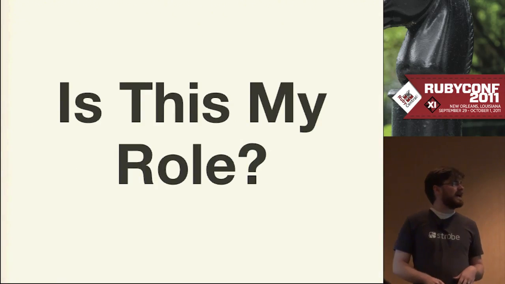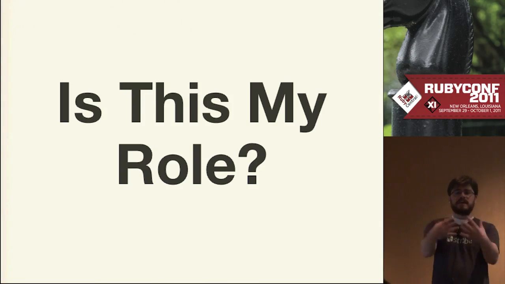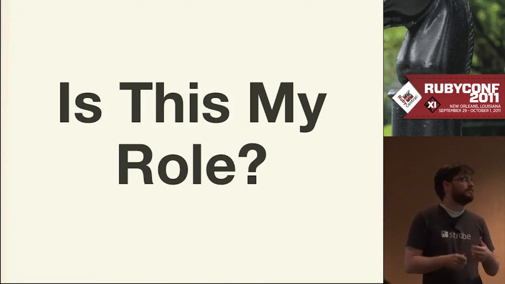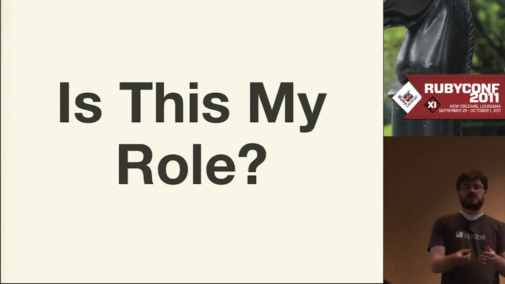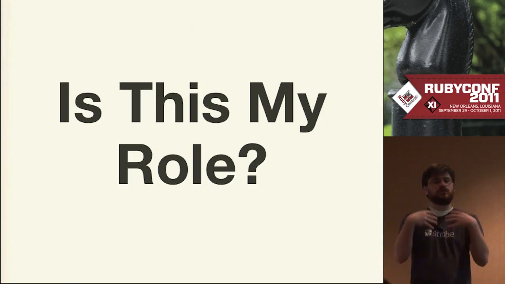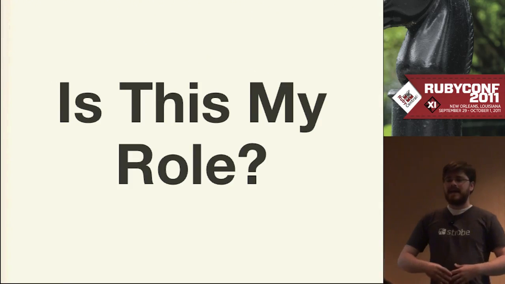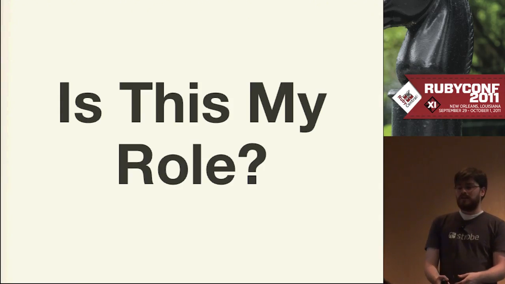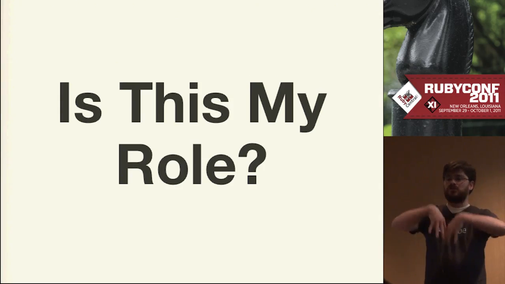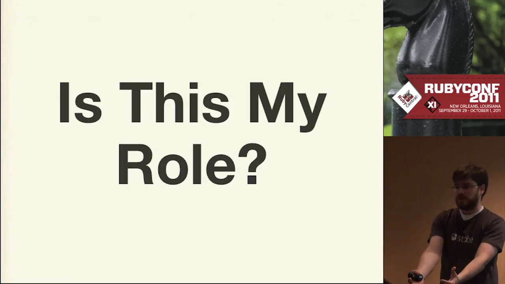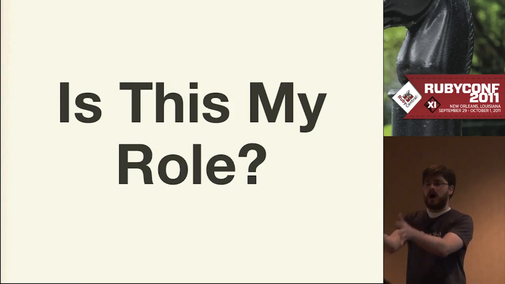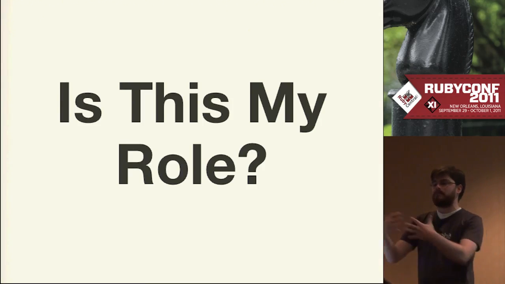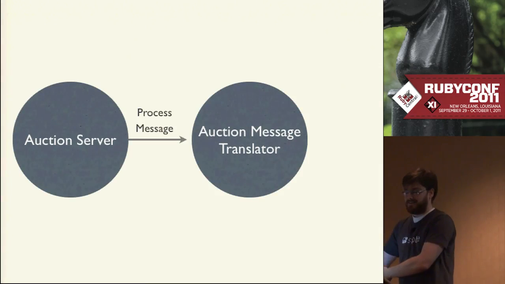The key question you want to ask yourself when you're thinking about, do I push this outside of my object or do I stay inside of my object, is this implementation that I'm doing, is this the role that I am supposed to play as object XYZ? If it is my role, then I'm going to make that internal to my object, even if I use other objects. And I am not going to mock that, because that is going to be an implementation detail of how I play the role that I am going to play.